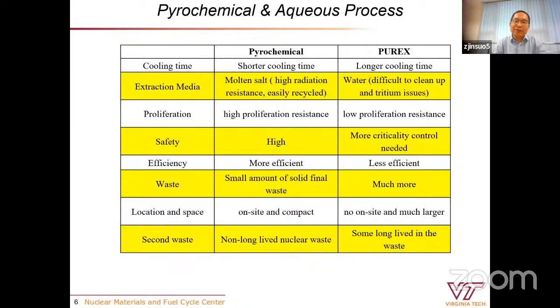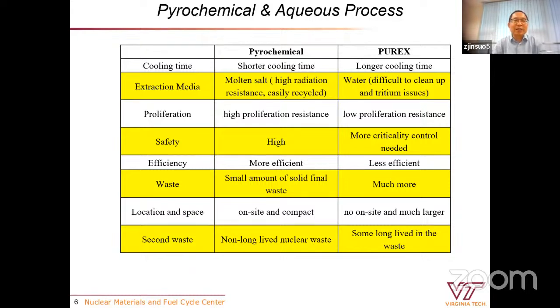So you have this criticality issue, which is why for PUREX you need a longer cooling time. Pyroprocessing does not need that. It needs molten salt. Molten salt is radioactively stable, and molten salt is not a good moderator. So that's a good thing.